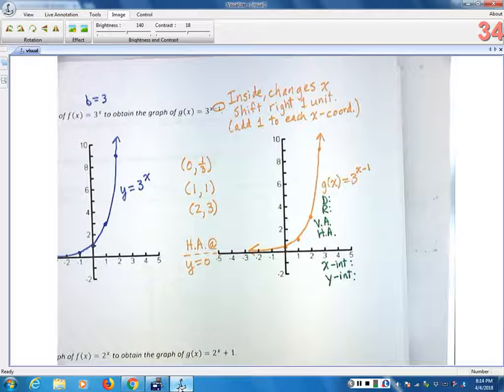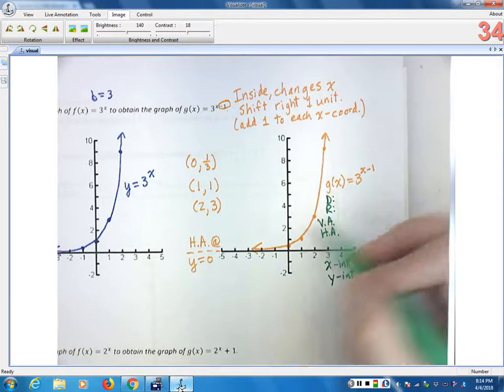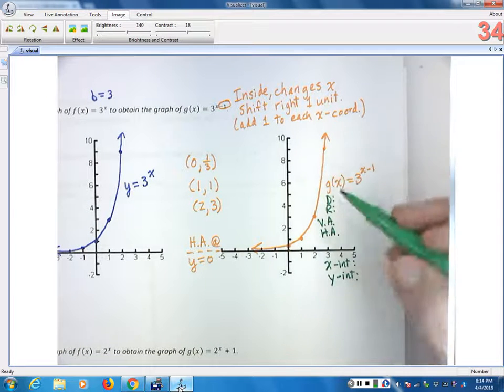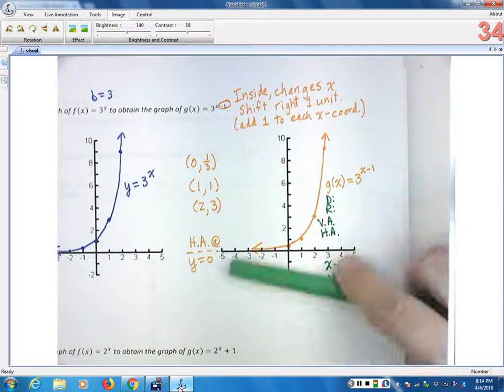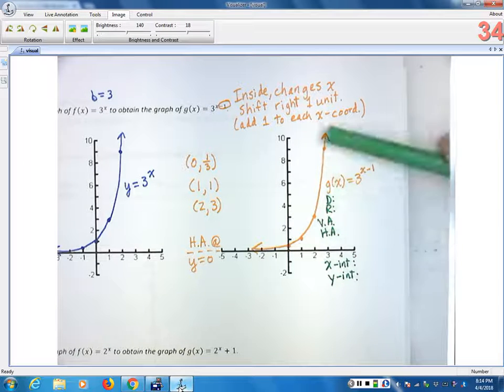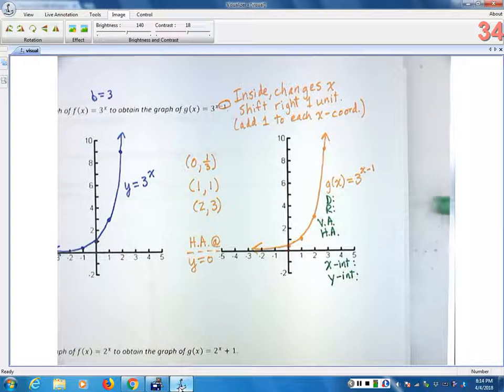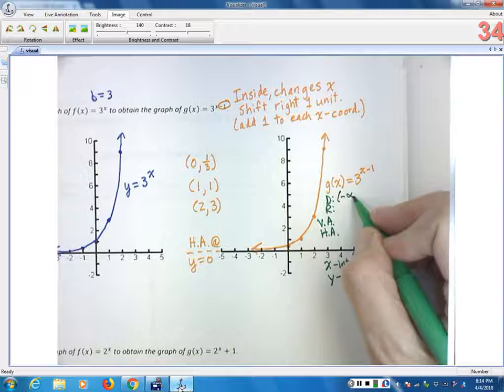But on this graph that we just did, we can project to the x-axis. So what's the domain? We're going up at an angle, but we're still going up, so it's going to keep going. So the domain is minus infinity to infinity.